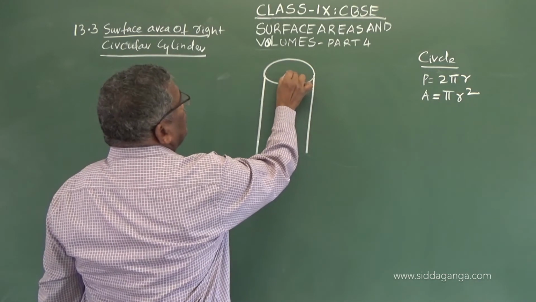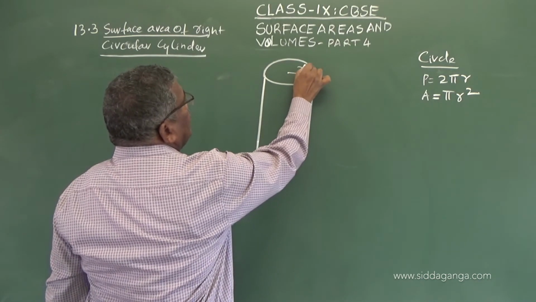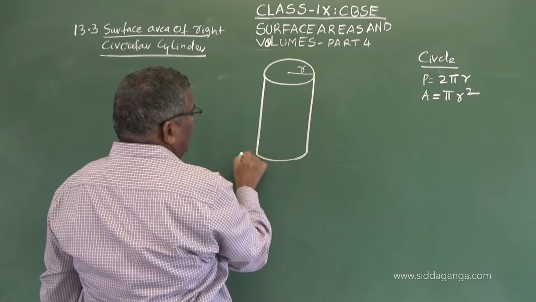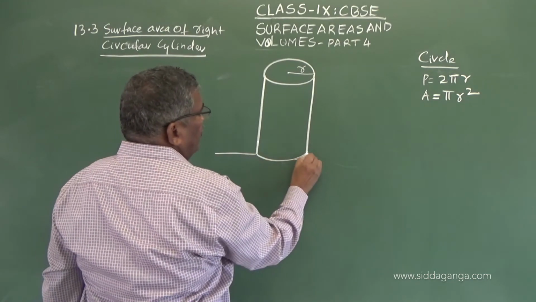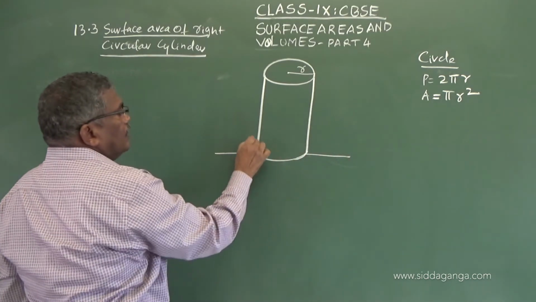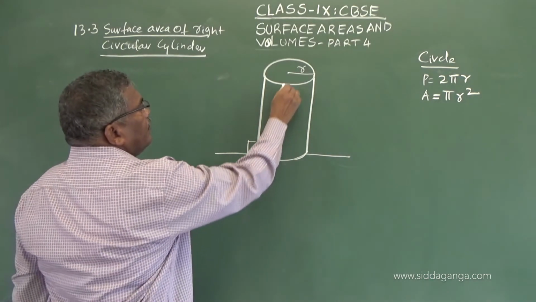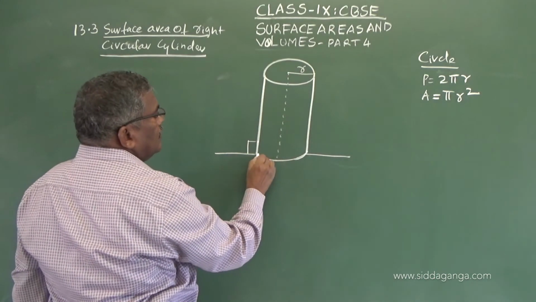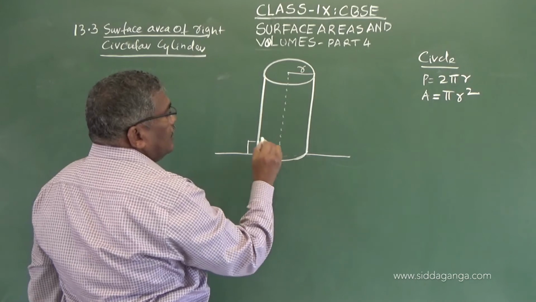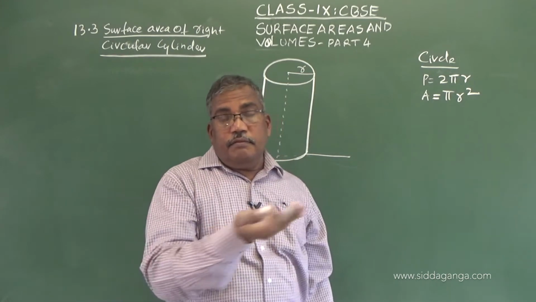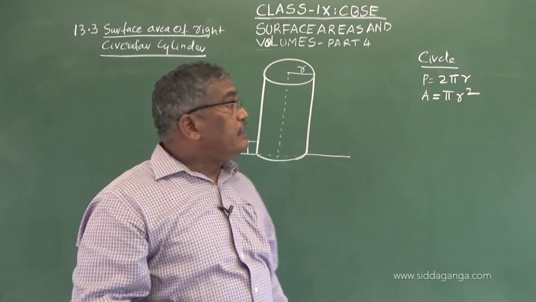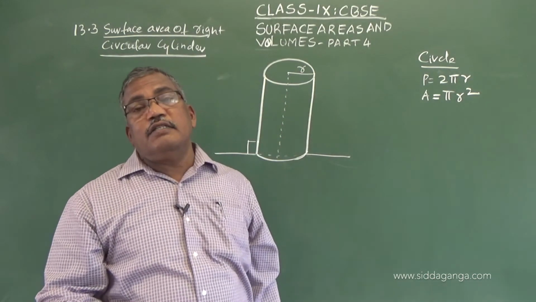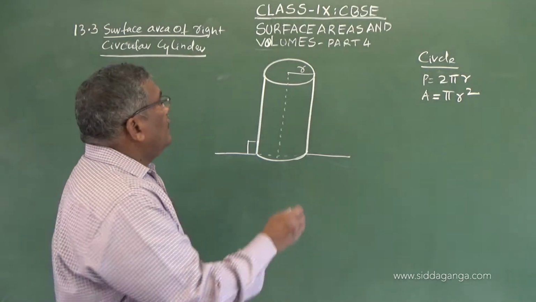This is the center and this is the radius, and this is standing perpendicular to the ground, you can see. If I draw the central axis, this is perpendicular to the ground. If a cylinder is in this fashion, we call it as a right circular cylinder.